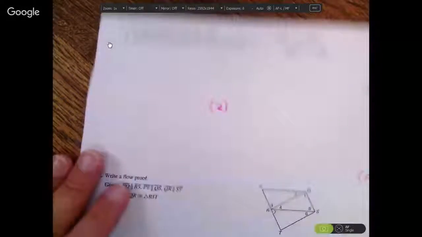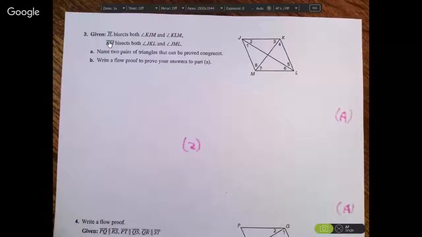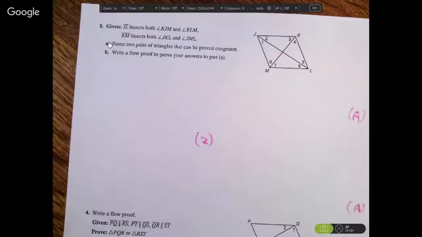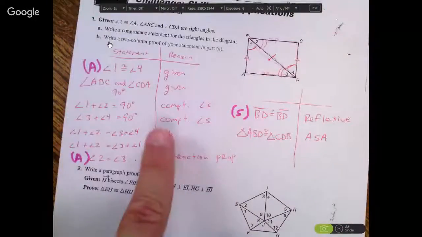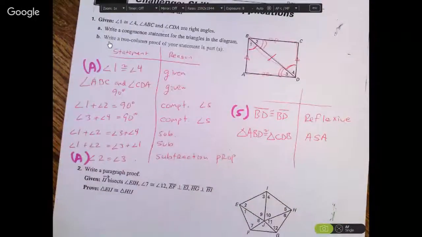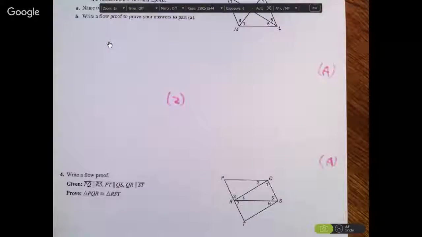It doesn't have to be complete sentences. It could have arrows. You just write the stuff out. In my opinion, it's like I ate this nice written proof for lunch, and then I threw it up on the paper. That's how I hate flow proofs.